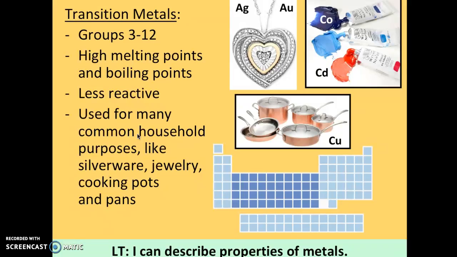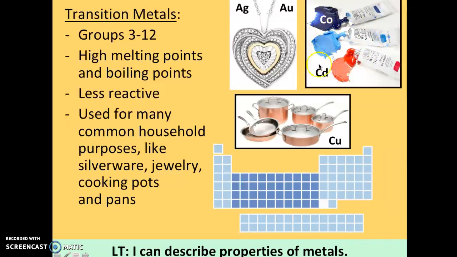So you want to list out a couple of those things. So things like silverware, jewelry, cooking pots, and pans. And then I'm going to go over some of these examples, and you can write some of these down as well. All right, so gold and silver is used in a lot of jewelry.